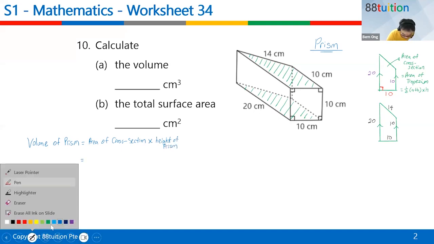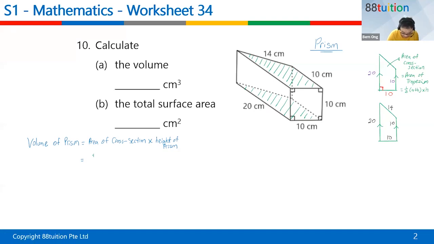In this case, the area is a trapezium. So it's half times the sum of parallel lines. The sum of parallel lines is 20 plus 10, times the height of the trapezium. The height of the trapezium is 10. Don't get confused with the height of the prism.